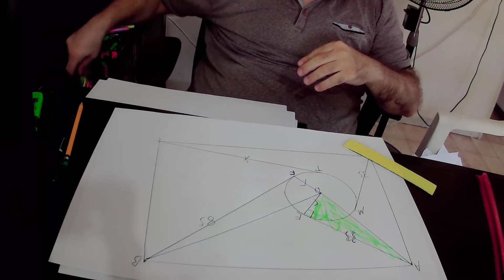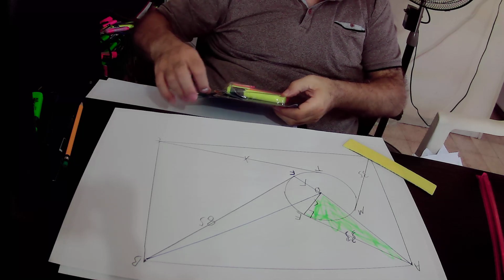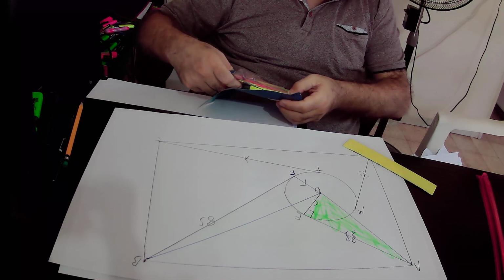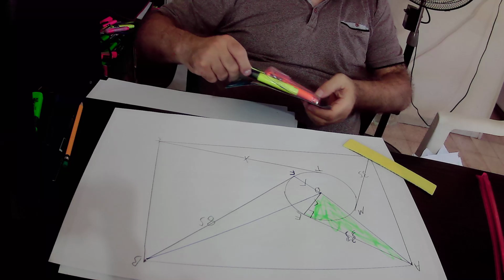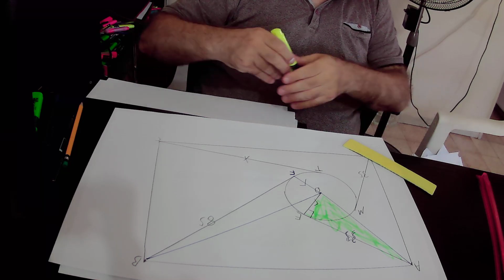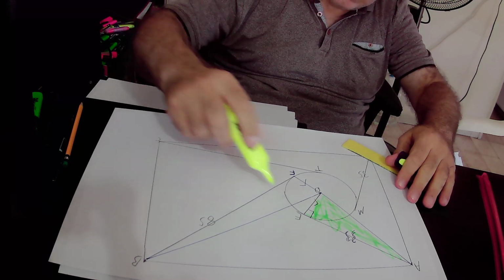And we will implement the Pythagoras theorem on the yellow triangle, triangle OBF.